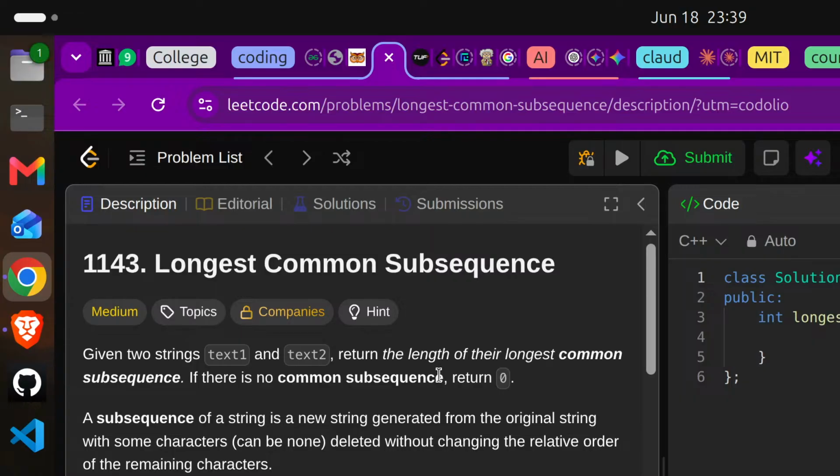Something like this: vector of vector of vector of int dp, with 1000 comma -1.